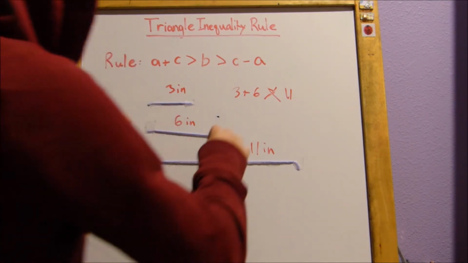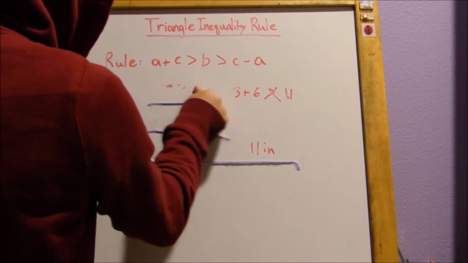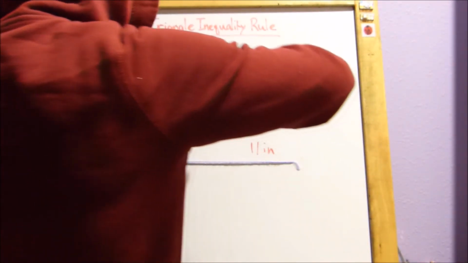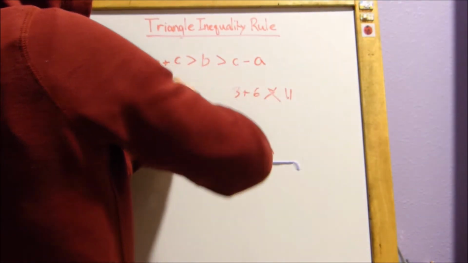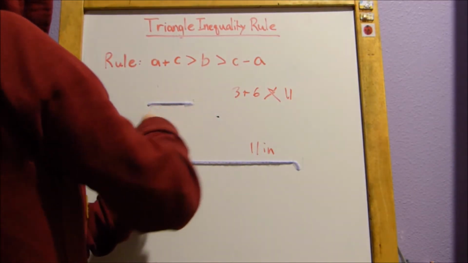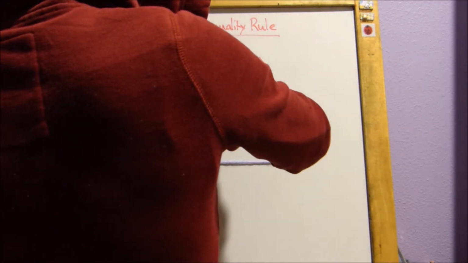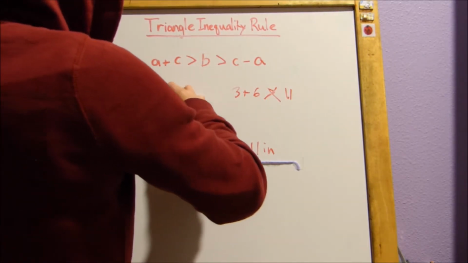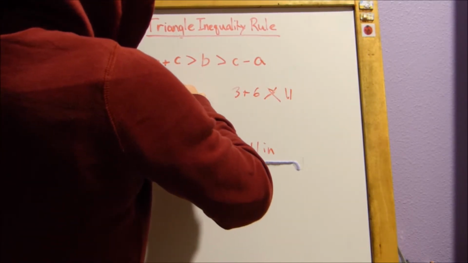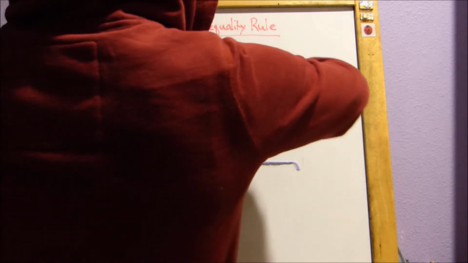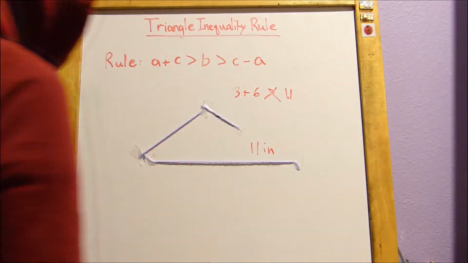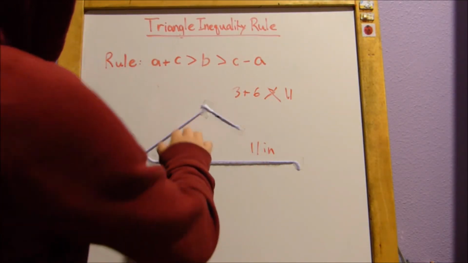And now I'll show you how it won't work with our nifty little tape and string. Let's have the 11 on the bottom. Let's connect this here. And then we take our little 3-inch piece. Oh, goodness gracious. And let's just tape it there. So you can see that this triangle isn't going to work.